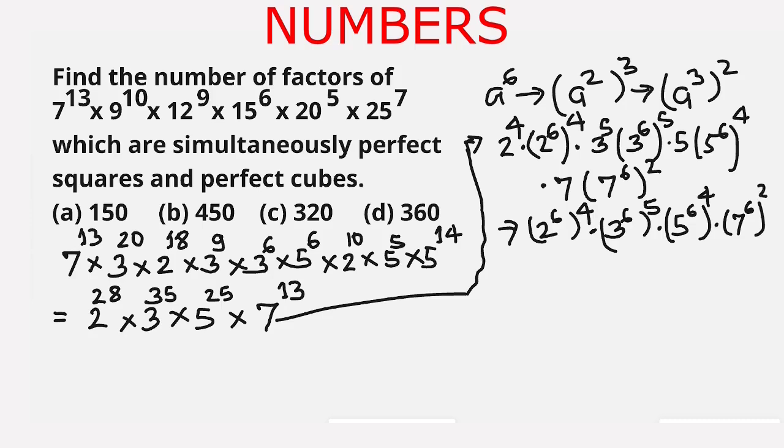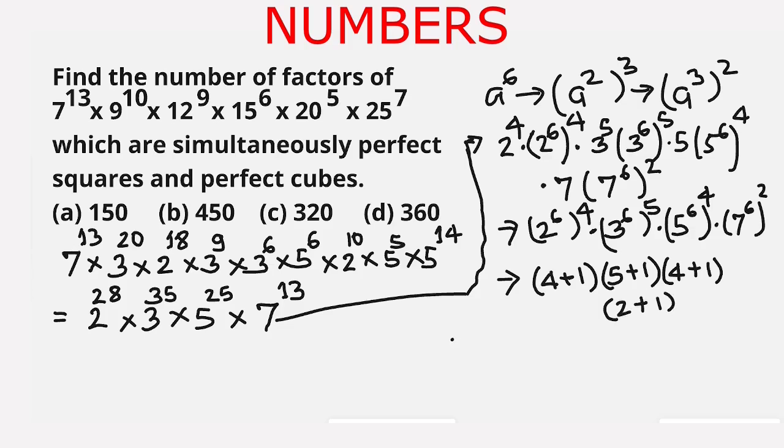Now the number of factors: 2 to the power 6 has power 4, so we write 4 plus 1, multiplied by 3 to the power 6, which is 5, so 5 plus 1, multiplied by 5 to the power 6, which has power 4, so 4 plus 1, multiplied by 7 to the power 6, which has power 2, so 2 plus 1.